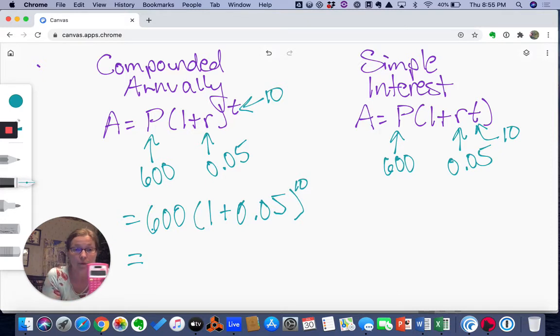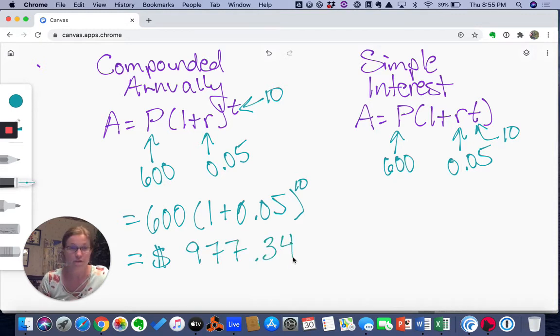So on my calculator I type in 1 plus 0.05, enter. And then I take that caret to the 10th power, enter. And then I multiply it by 600. And I'm going to round it to the hundredths place for cents.